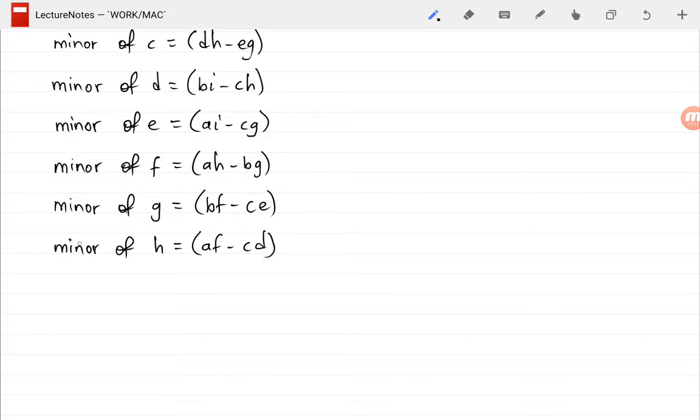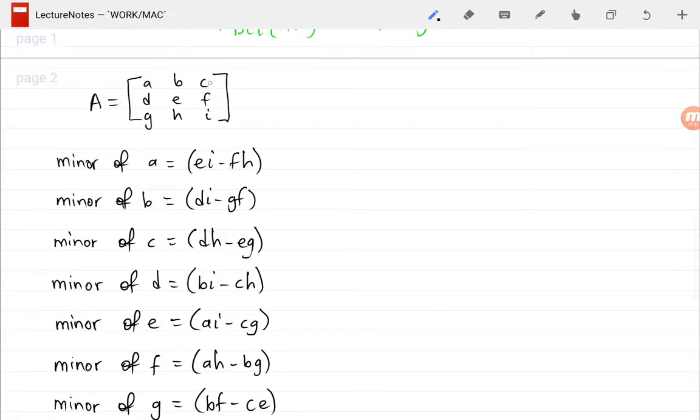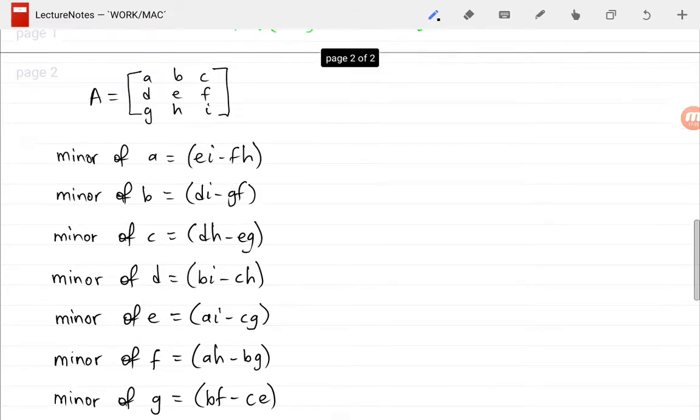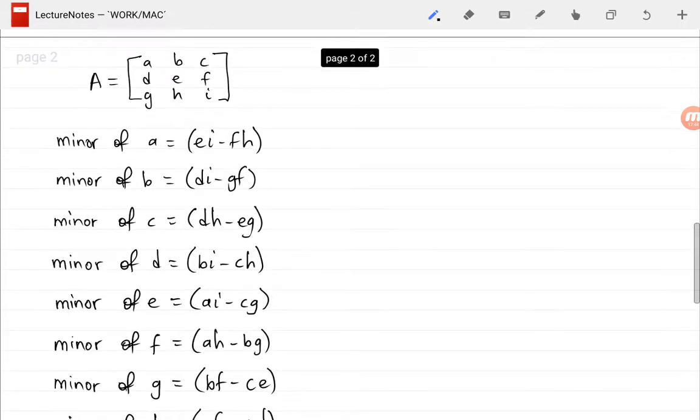And then the last minor, of I. Again, this crosses out to a very simple matrix, A, B, D, E. So it's going to be AE minus BD. Okay, so now we have our minors.